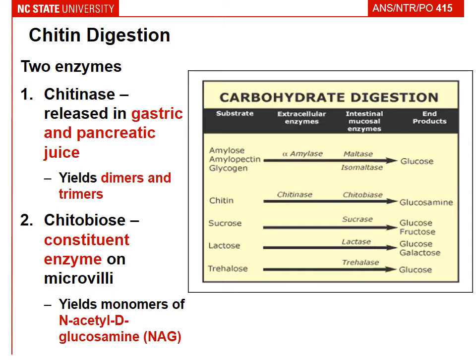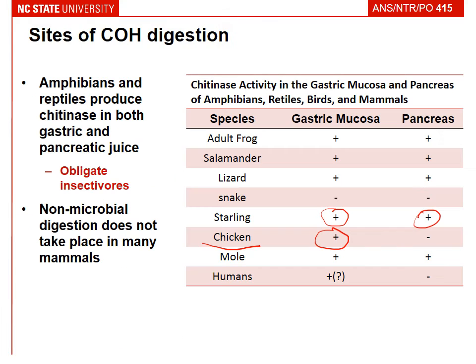And this could be some potential where, if we think of a way to apply, if you were to find an animal and you didn't know what it ate, one thing you could do would be see if it expressed a high amount of chitinase or chitobiase. That would be a potential exam, higher order thinking question that may come up.